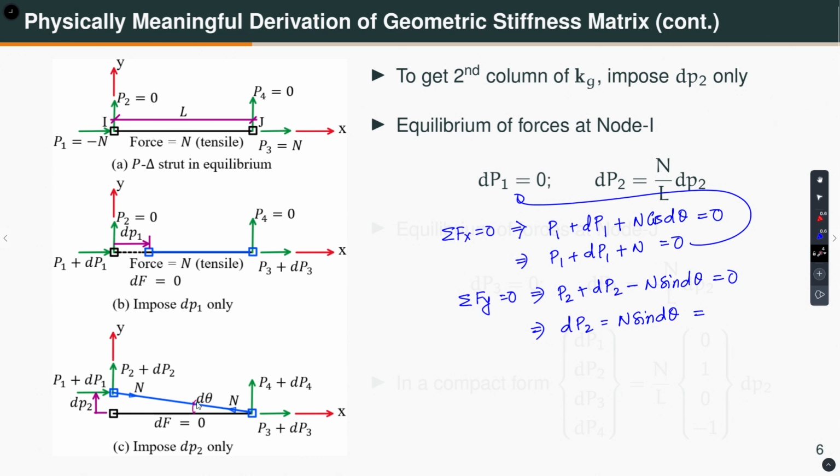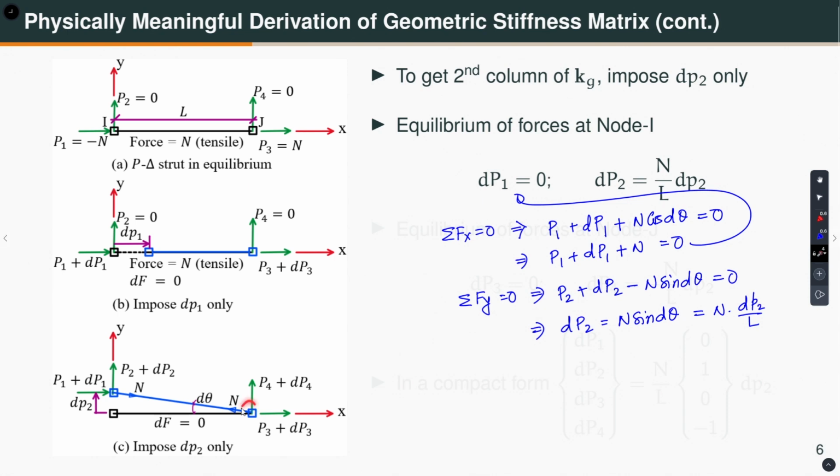This is the angle d theta, and the length of the member is L. So sin d theta is equal to little dp2 divided by L, that means dP2 is n by L times little dp2.